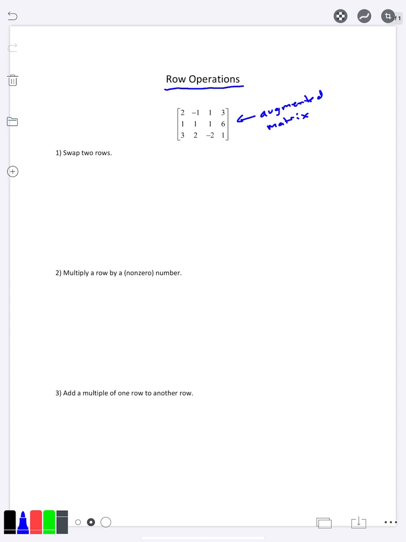And so here, let's go ahead and give an example where I'm going to take my matrix here and I'm going to swap the first and third rows. Now the notation I'm going to use for that, for swapping rows, first off, if I'm doing any row operation, I'm going to put a big right arrow here.